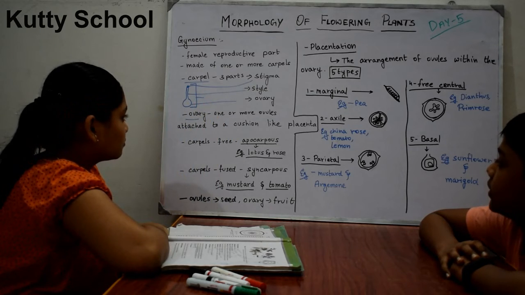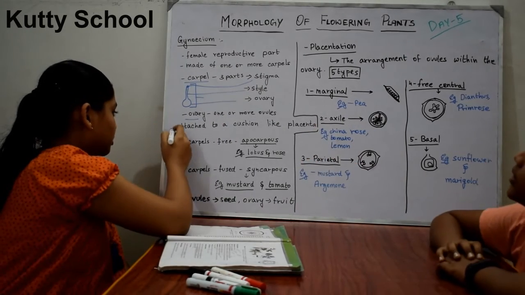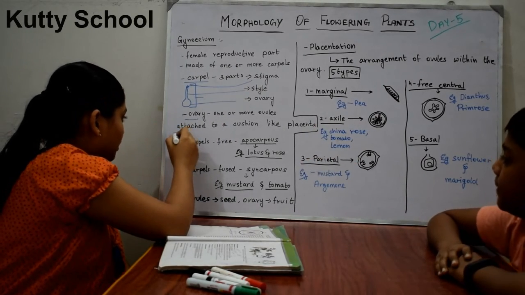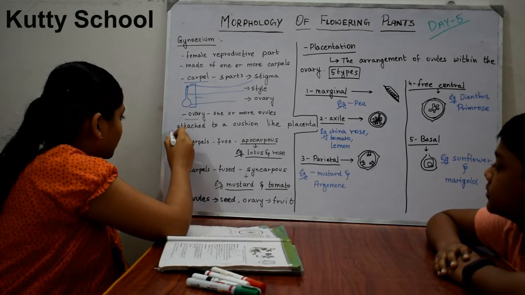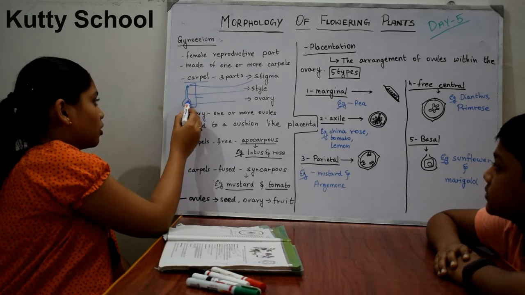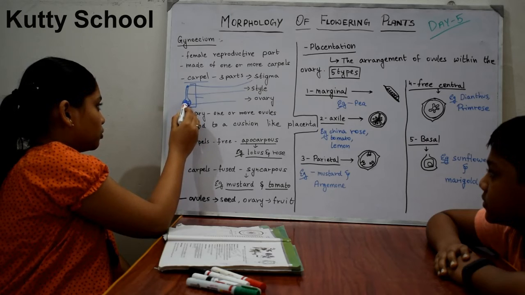What do you mean by placenta? Placenta is a substance which connects all the ovules. So ovules are seeds. In this ovary there will be lots of ovules, lots of seeds. These seeds will be attached to a cushion-like substance known as placenta.